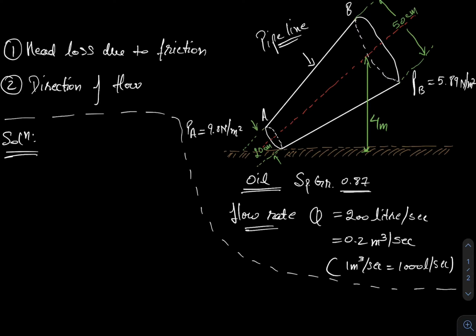So here pressure is given on both sides, so we have pressure head. We can easily calculate pressure head. There is no problem with that. And we have this elevation, that point B is at 4 meters height with respect to A, so I can easily calculate my potential head also.